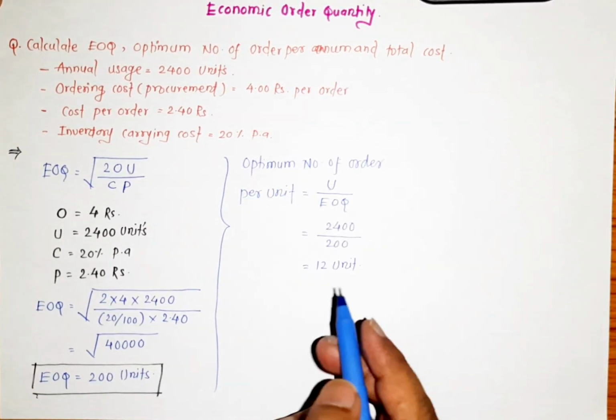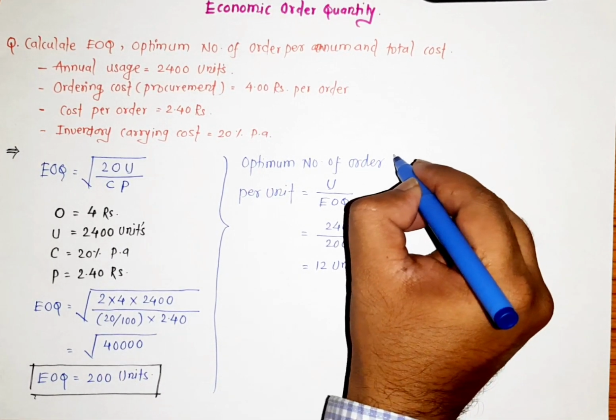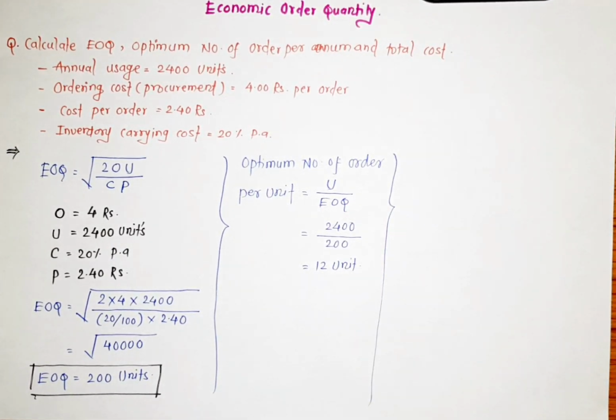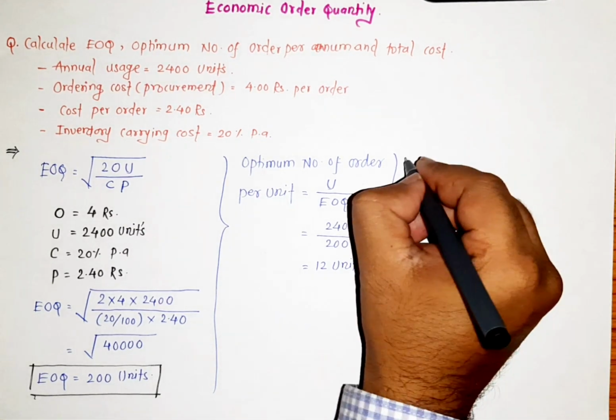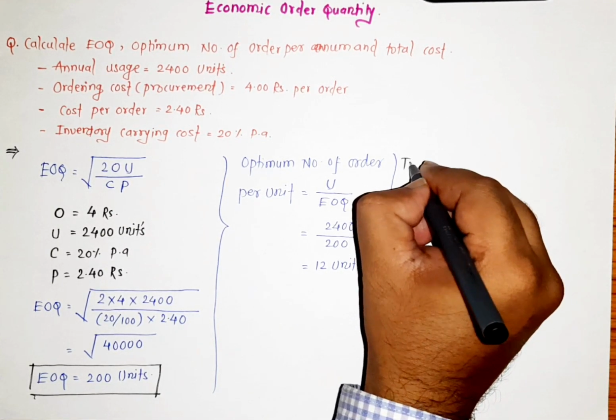Next we want to calculate the total cost. Here the total cost formula is as follows.